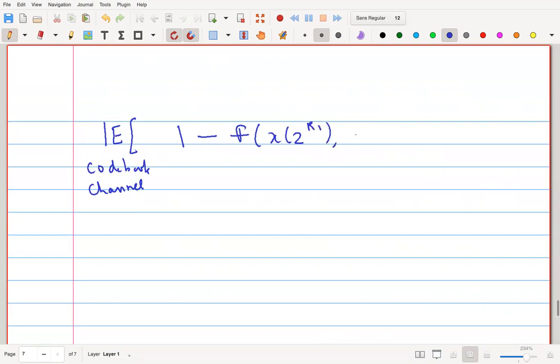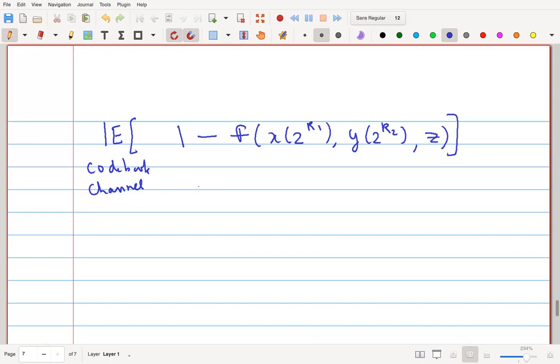Okay, so let us analyze this. Type 1 error. This is the expectation over the codebook and channel of 1 minus f. Once you understand this, you don't have to read those parts from El Gamal and Kim. This substitutes for that already.